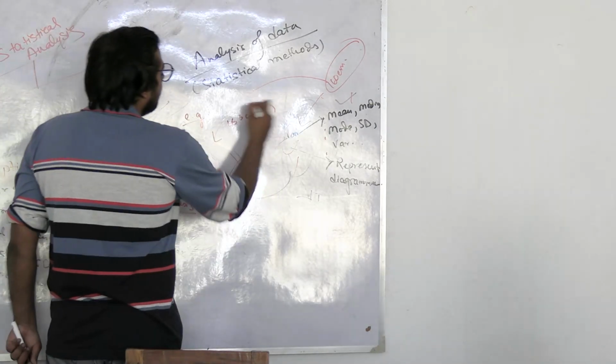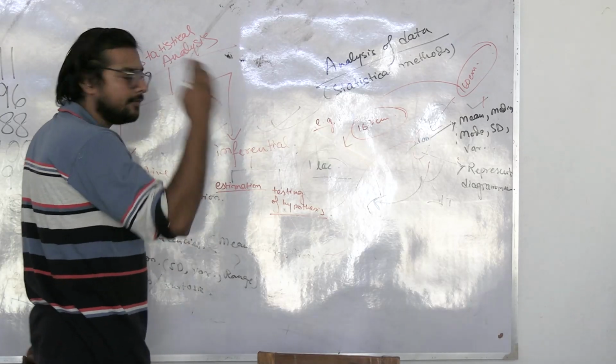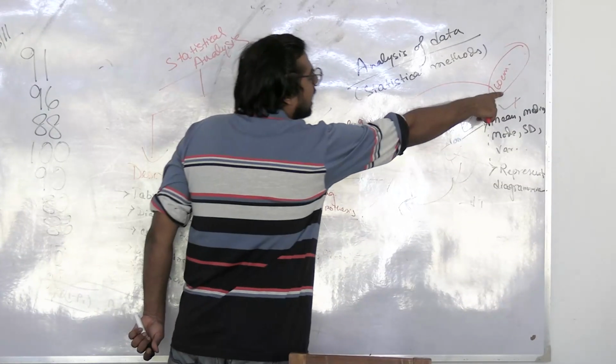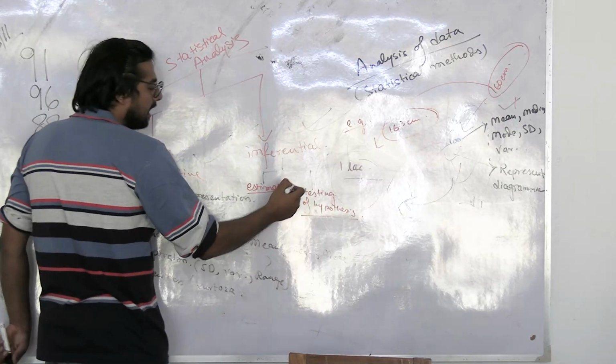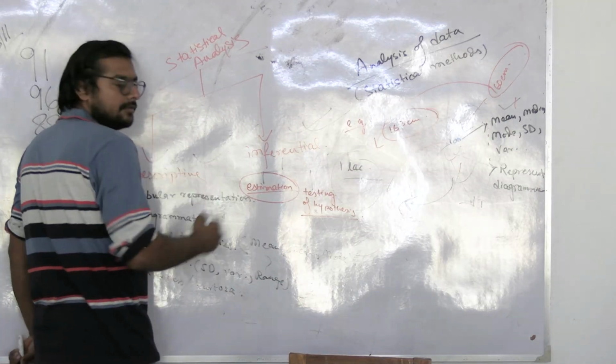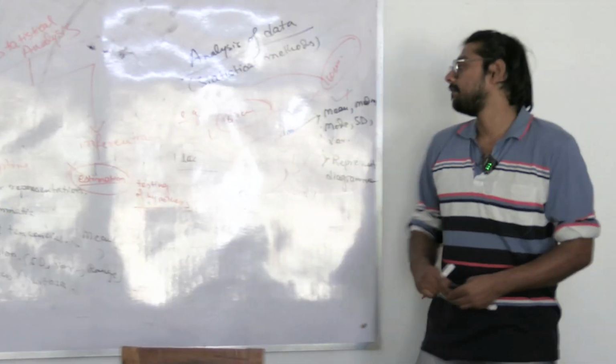What are we doing? We're just coming to a single point. We have no idea beforehand. We just had this and then we use this to come to this. Correct? This type of inference is called estimation. We don't have that in our syllabus. Understood?